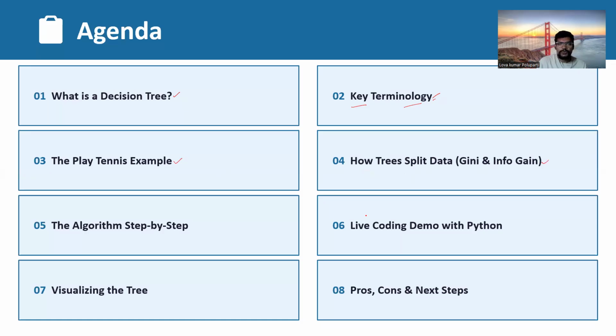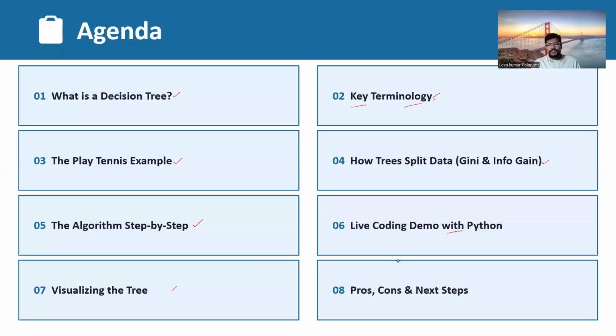I'm going through them in detail, and how this decision tree algorithm works step by step, and the live coding. I'm showing the simple Python coding here, and how the tree will be splitting on my given data, and also what the pros and cons are.